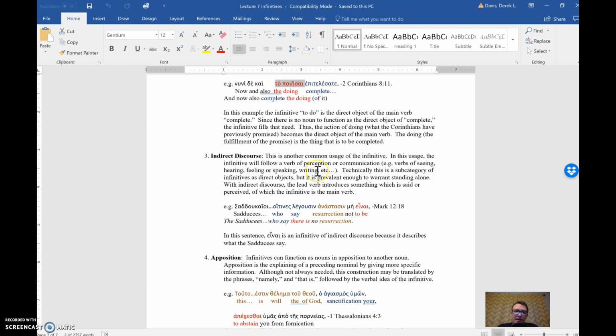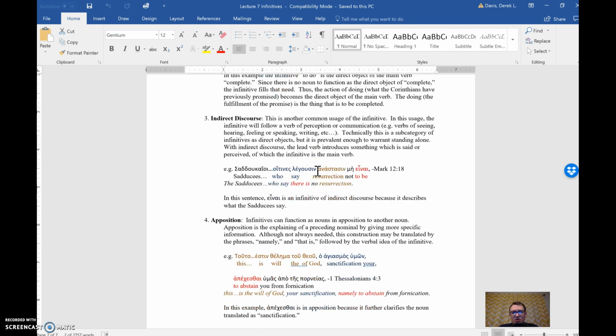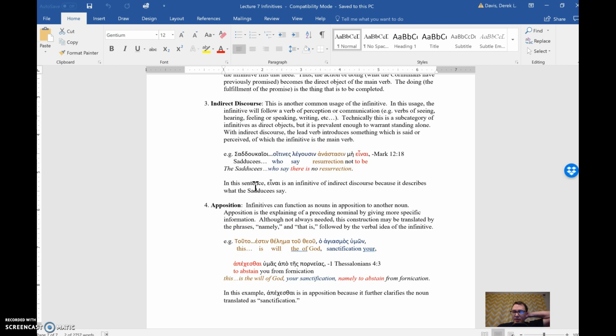All right. Indirect discourse. This one is a little bit funky, and you won't see a lot of these, but they do happen, where the infinitive is functioning as a way of, the technical term is indirect discourse. So let me show you this example here in Mark 12:18.